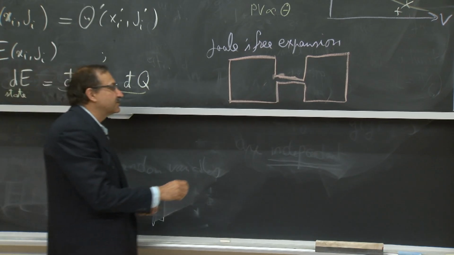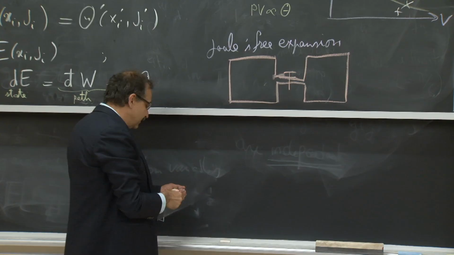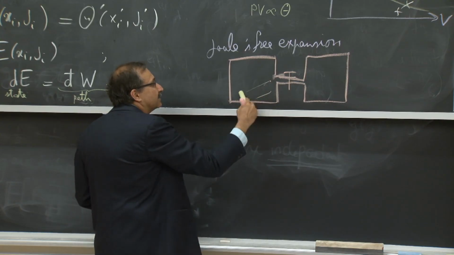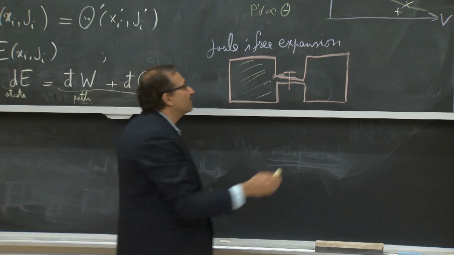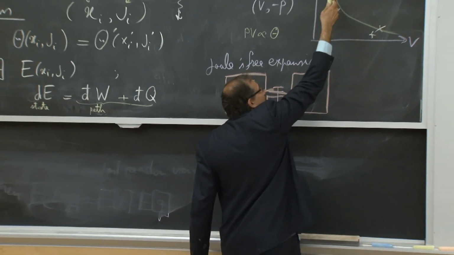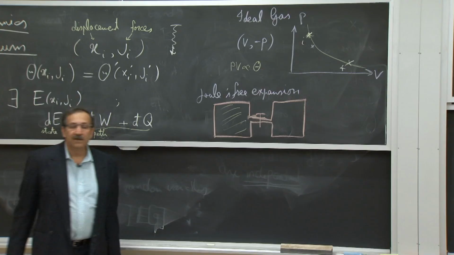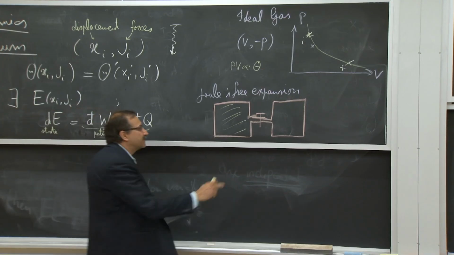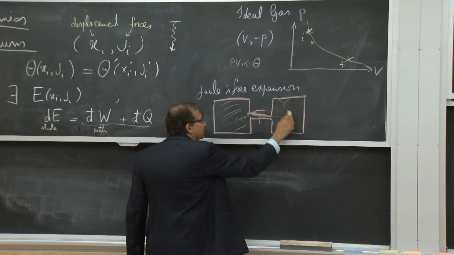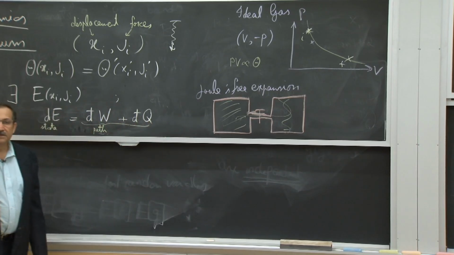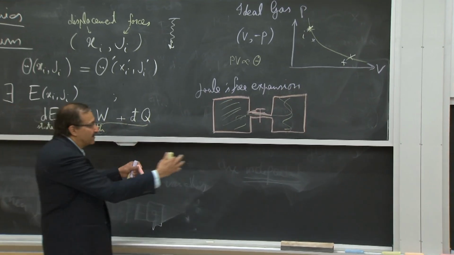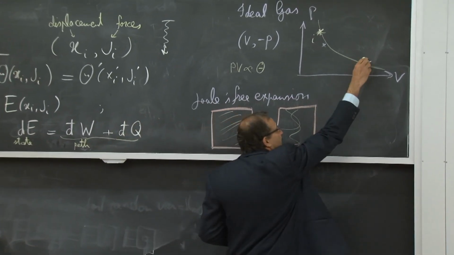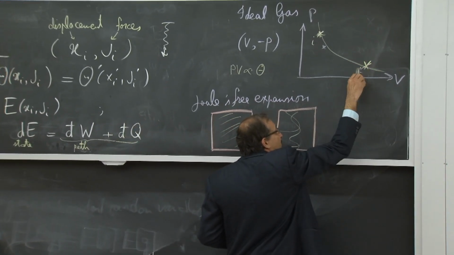Initially, the gas is confined completely onto one side. So let's say that the initial state is over here with this volume. And then we release this, and so the gas expands. And we wait sufficiently. Ultimately, we settle to a place, let's say over here, the final state.